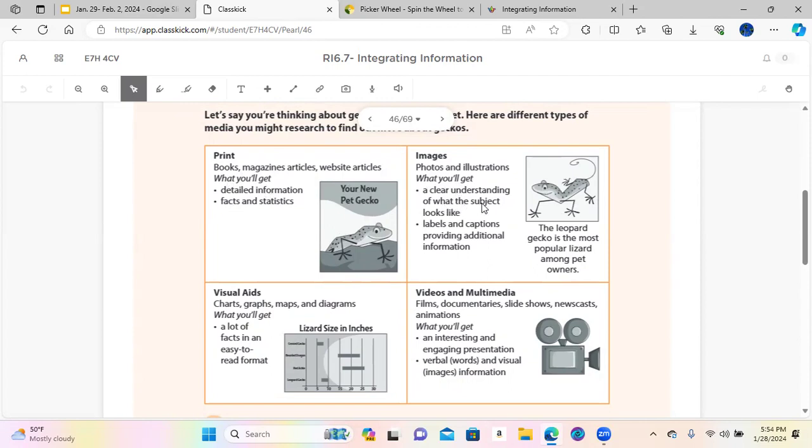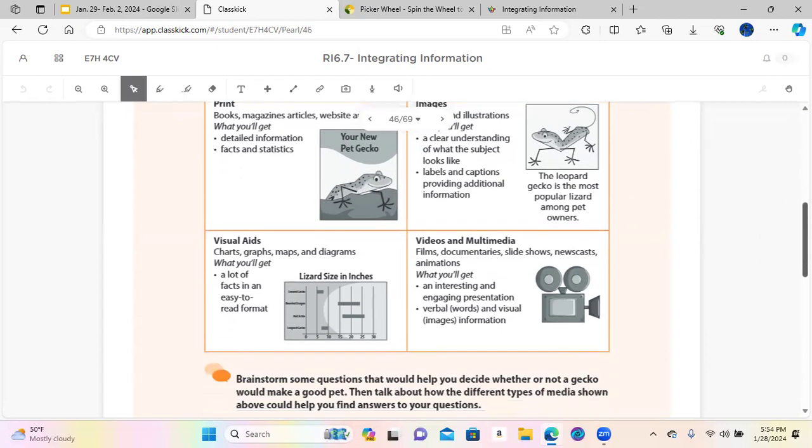So you'll get a clear understanding of what the subject looks like from these images. Labels and captions provide additional information about the picture. So for example, this caption says, the leopard gecko is the most popular lizard among pet owners.